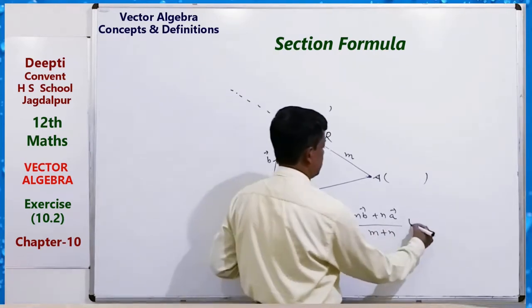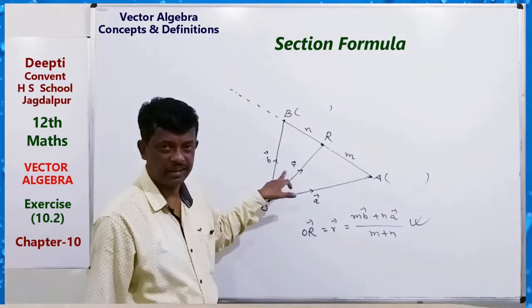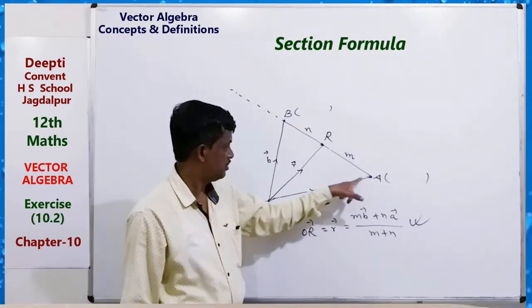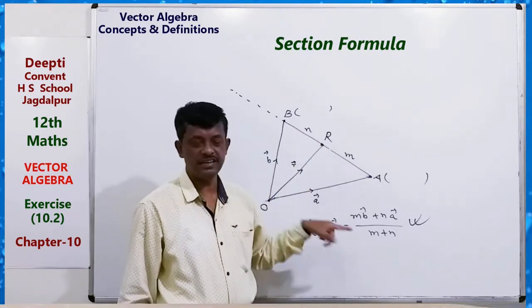This is the formula. The position vector of R can be written in terms of A and B, where R divides internally.